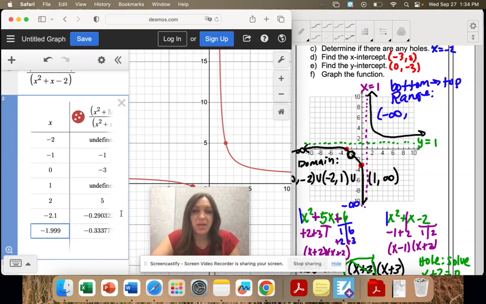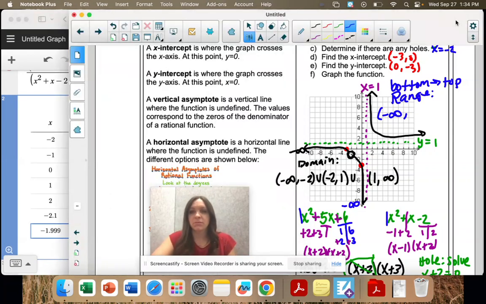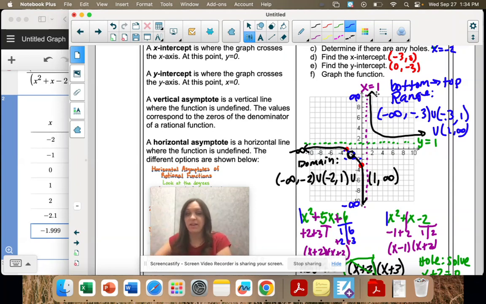So it's about negative 0.3. Sorry, I didn't plan on doing the range, but we're doing it. So right here, there's a break. We're going to say it's at negative 0.3. And then same thing. We pick up and go to the asymptote. And then we pick up and go all the way up to infinity. So range works the same way as domain, except you're going bottom to top and it's y values only.